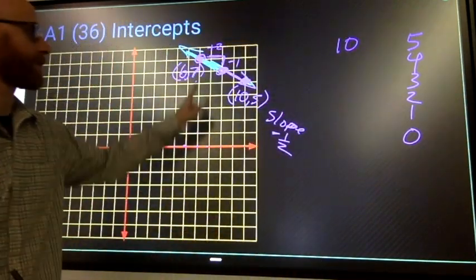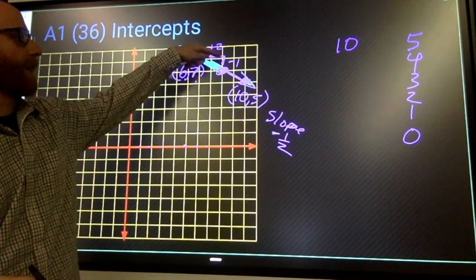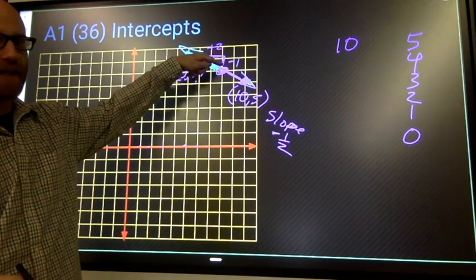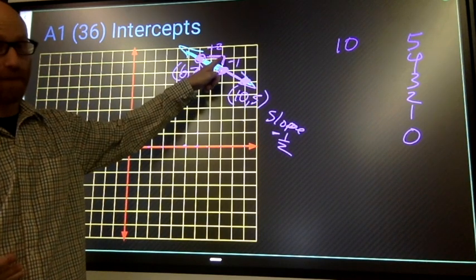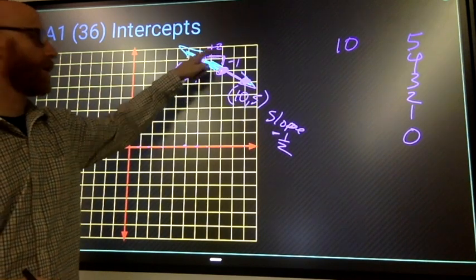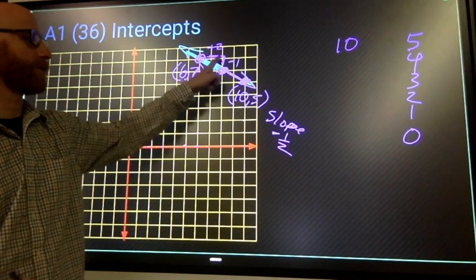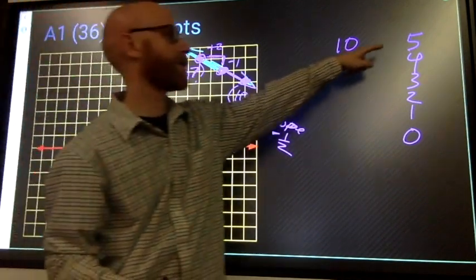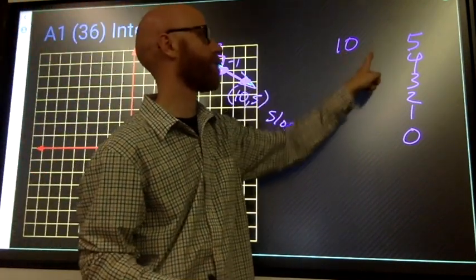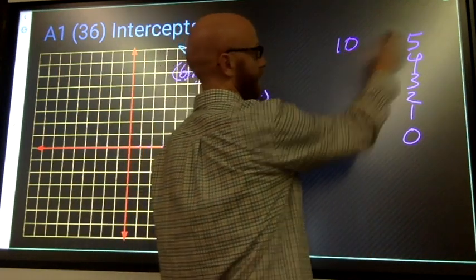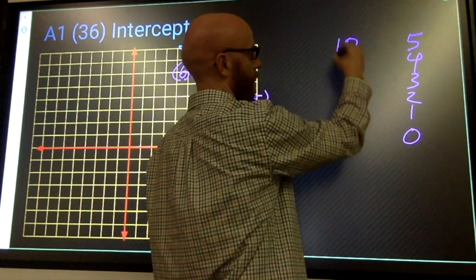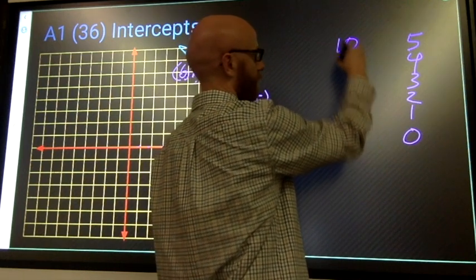All right, now look at this. For every 1 step I take down, I'm taking 2 steps forward. All right, my slope. So we're marching this down by 1s, but we should march this forward by 2s.